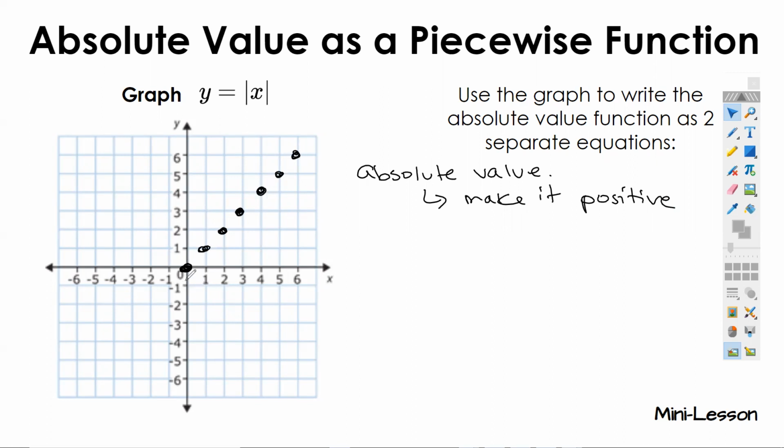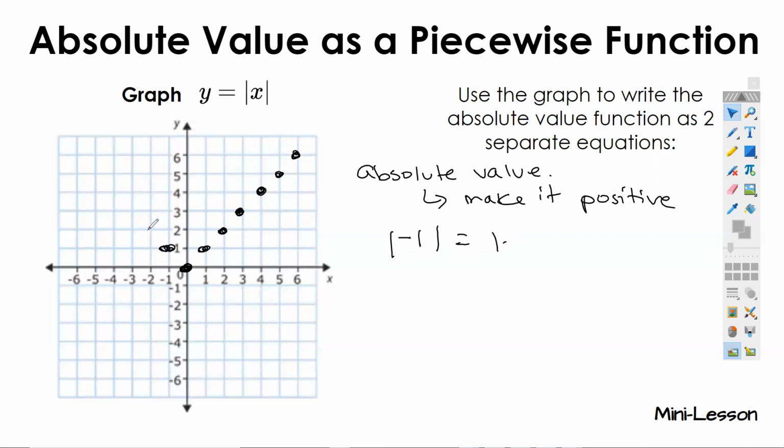Now, if I plugged in -1 into my equation, with these absolute value bars, that means I'm going to produce a positive 1. So if I plug -1 in to the absolute value, I'm going to get positive 1. I'm going to plot the point -1, 1. So what if I plug in the x value -2?